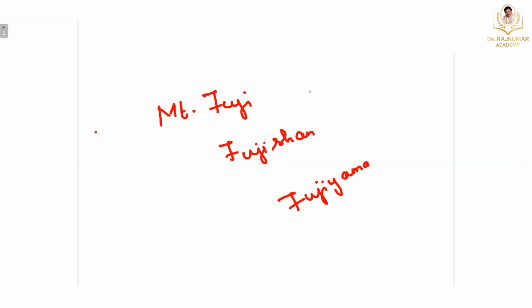All are the same. Mount Fuji, Fuji Shan, Fuji Yama. But in the map of Asia, you'll find only the word Fuji given. Fuji Shan is not given. The reason is very simple. We do not have space to write it. Once you go to the regional map, you will find the entire thing. Shan means mountain, right?